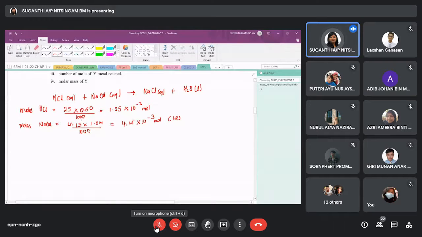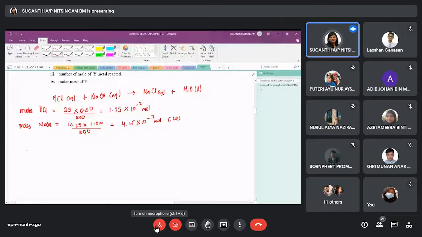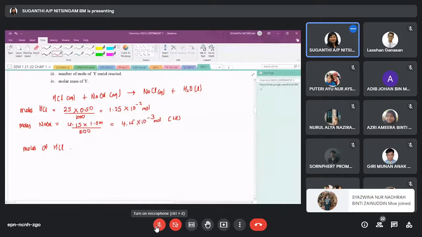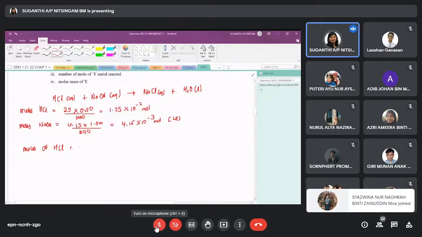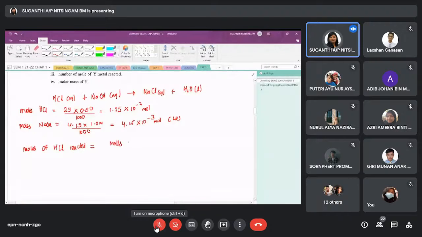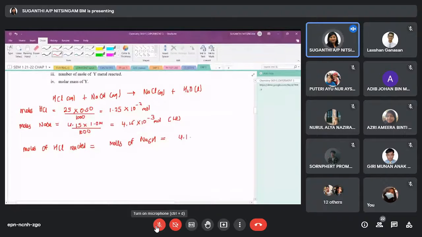Okay, so from the equation sekarang kita boleh tengok from the equation, 1 mole of NaOH reacts with 1 mole of HCl. So moles of HCl reacted sama dengan moles of NaOH, which is equal to 4.15 times 10 negative 3.